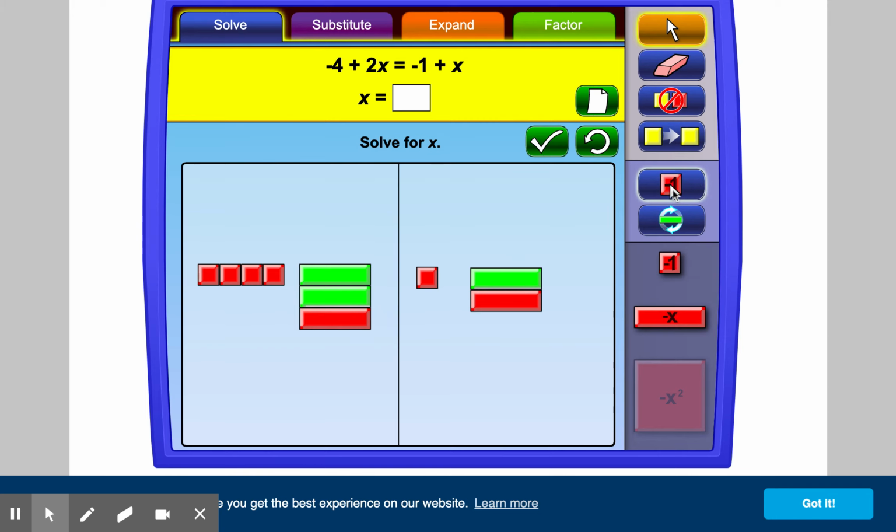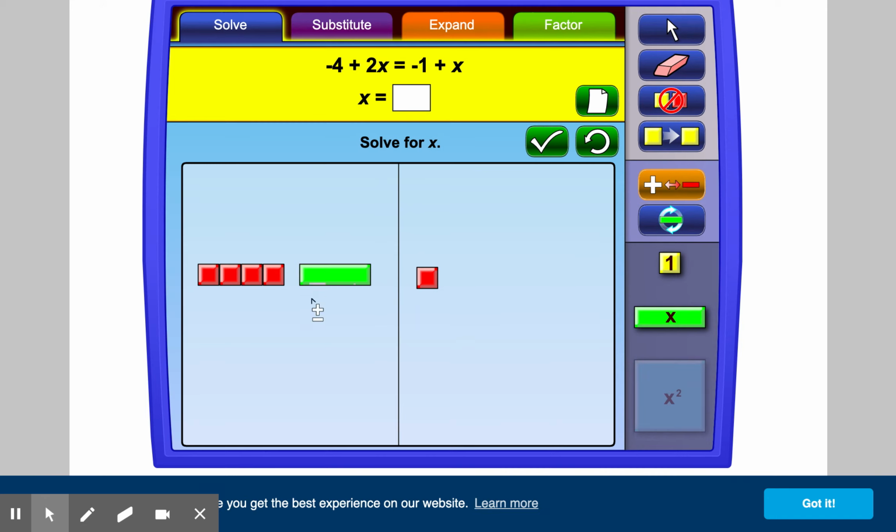Then I'm going to switch. Let's cancel out our pairs, actually. This goes away. This goes away. I have my 1 green, which is what I want. So I'm going to go back to my little mousy thing. I'm going to switch back.